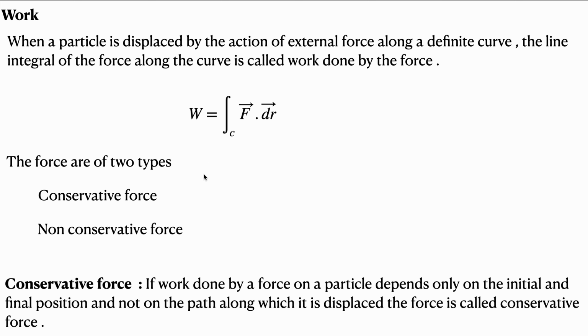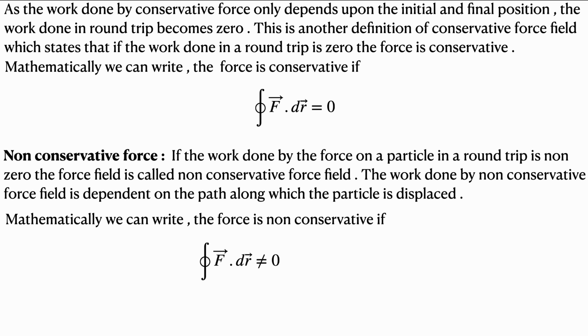The forces are divided into two types: first, conservative force, and second, non-conservative force. Let's define the conservative force. If work done by a force on a particle depends only on the initial and final position and not on the path along which it is displaced, the force is called conservative force.